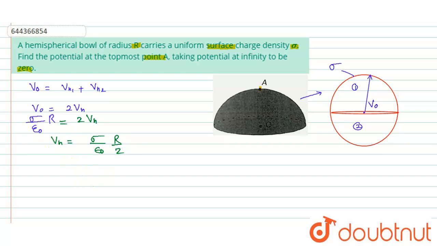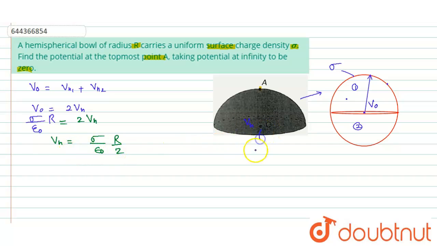Now we are going to apply the main concept. You know that the potential due to a sphere or a hemisphere is the same everywhere. If we take the potential at any point inside or on the surface of a sphere, it is the same at the center, at any point in between, or at the surface. The same is the concept here. We have found the potential VH at this point.